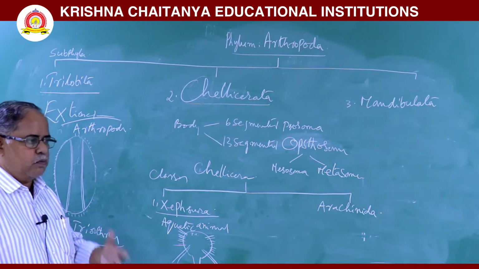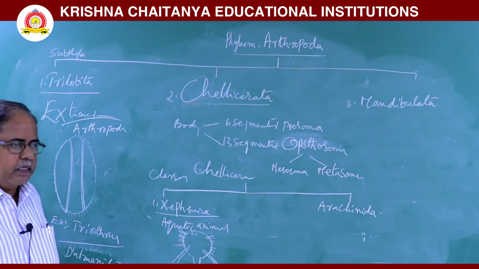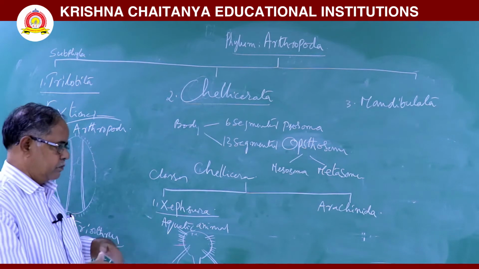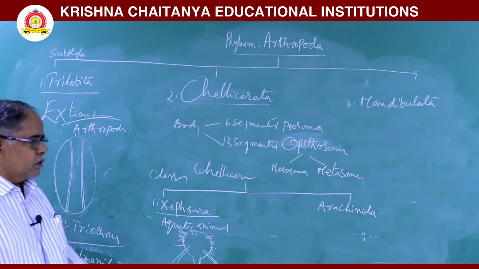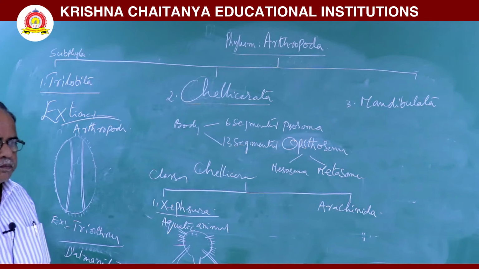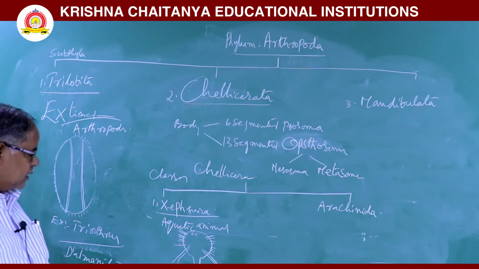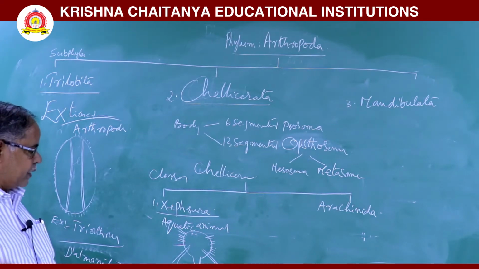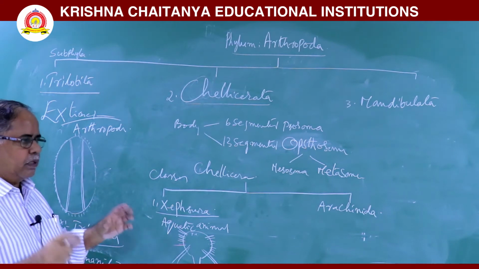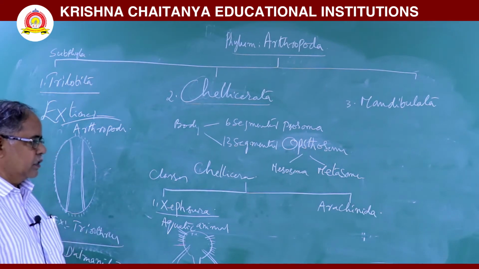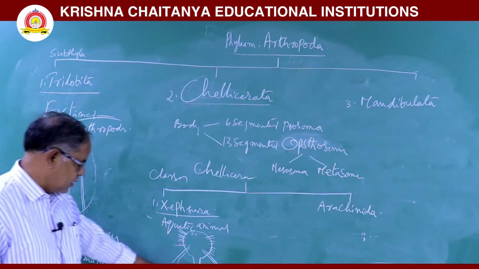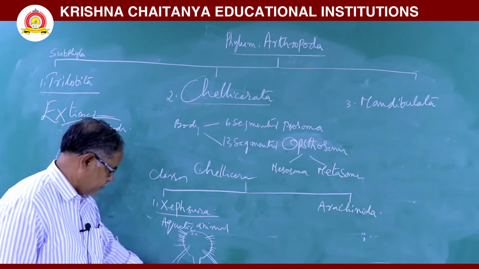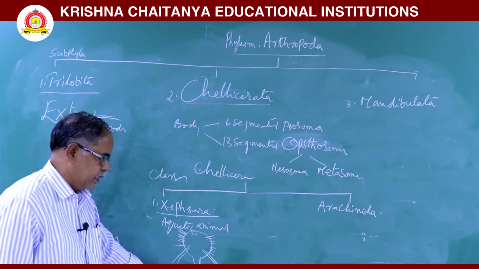The mesosomal appendages are modified as book gills. The first pair of mesosomal appendages are fused and form a genital operculum. The metasoma is modified as a telson.